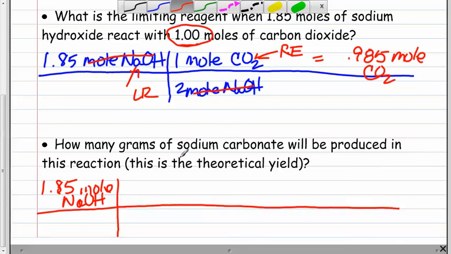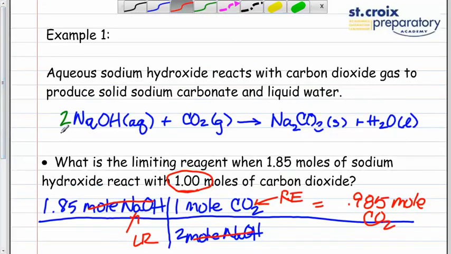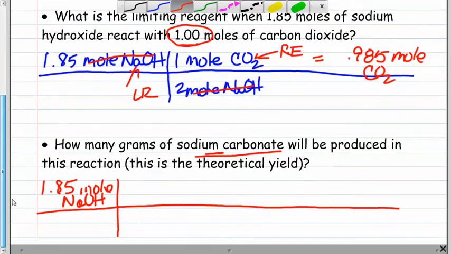Now we're starting with sodium hydroxide, and we need to get to sodium carbonate. So I'm going to use the mole-to-mole ratio from the balanced chemical equation in order to convert from moles of sodium hydroxide into moles of sodium carbonate.